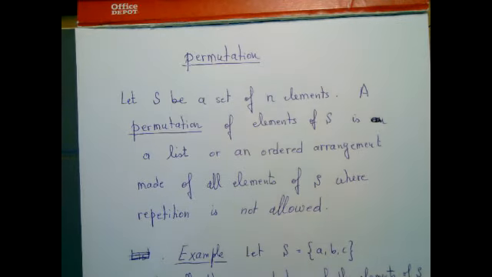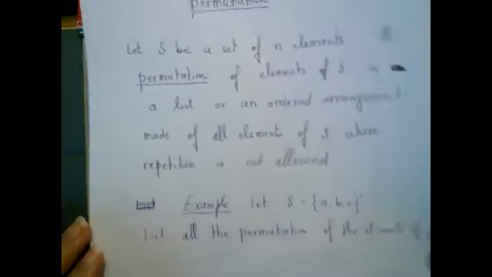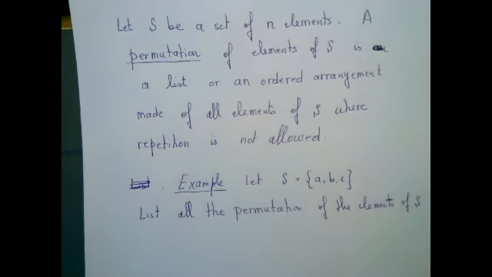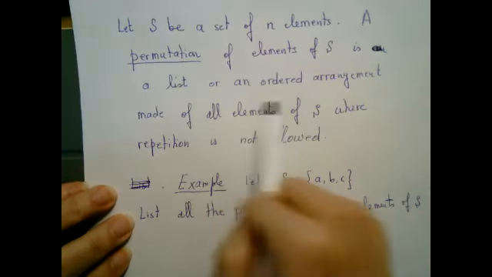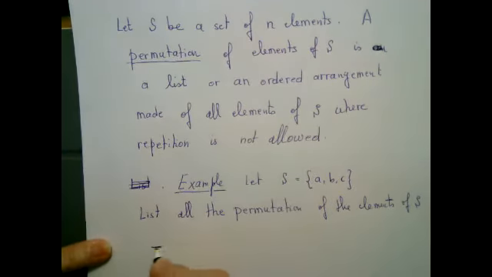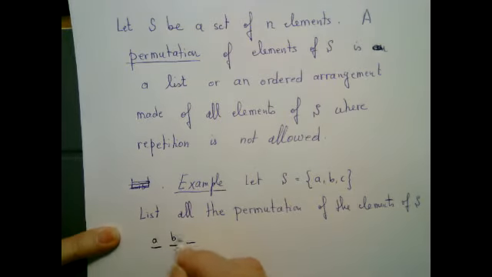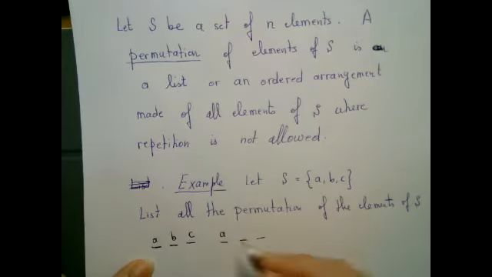Okay, so suppose S is a set consisting of 3 elements, A, B, C. And the question is simple: list all the permutations of the elements of S. That means I'm asking you to list all the ordered arrangements. So we just sit down and start doing them. We've done A, B, C, that's what I mean. A, C, B.